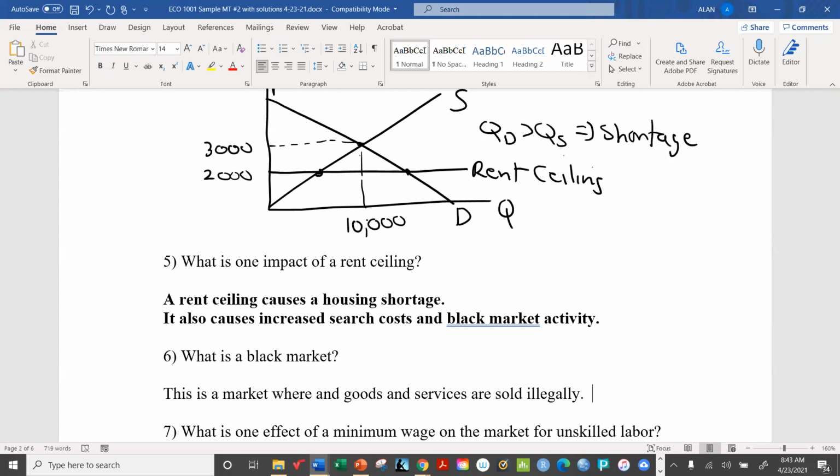A black market can cover a lot of possibilities, but the reason why it's called a black market is because it's technically illegal, even if you're trading perfectly legitimate goods. For example, in a country like Venezuela, where the economy is completely collapsing, there's a black market where people buy and sell dollars. Normally that would not be a problem, but in Venezuela, that is technically illegal. And so that is considered to be a black market.